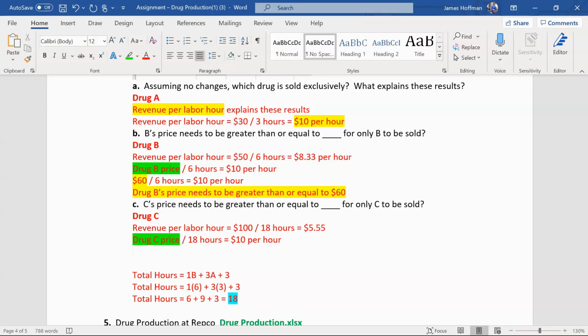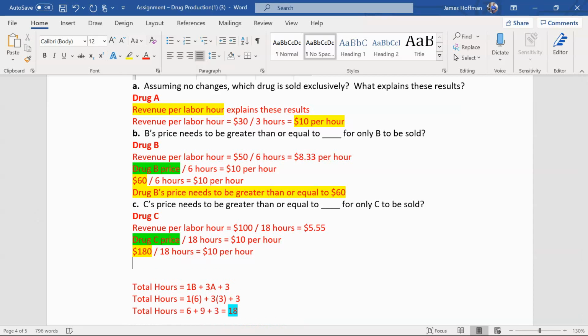Yeah, 180. So 180 divided by 18 is exactly 10. Okay, so the answer here is the drug C price needs to be greater than or equal to 180.